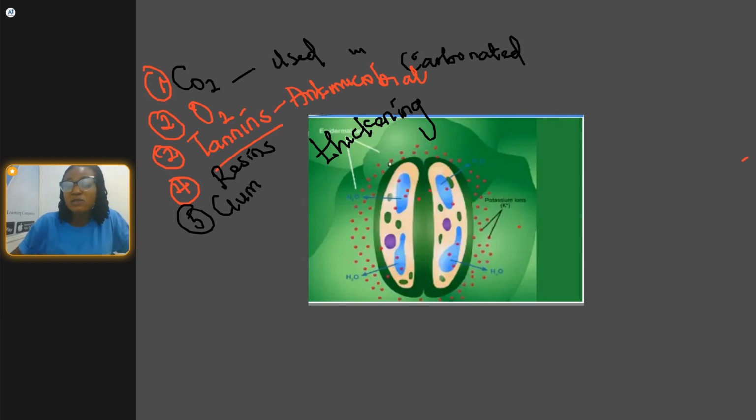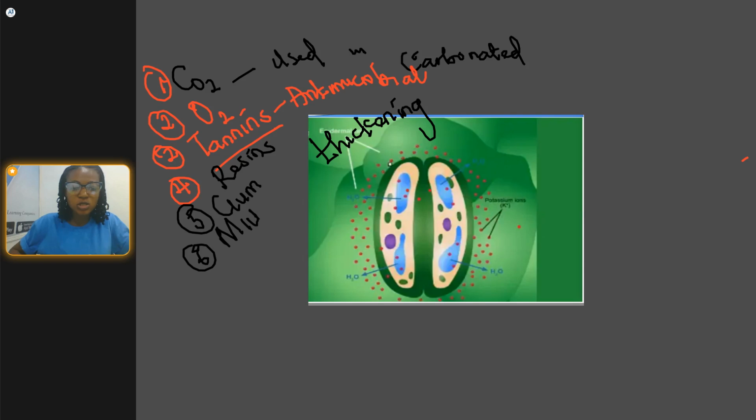Even in chewing gum, it is applied. It is used in making chewing gum and candies. Also, it is used in fabric painting for textile industries. So that is gum.